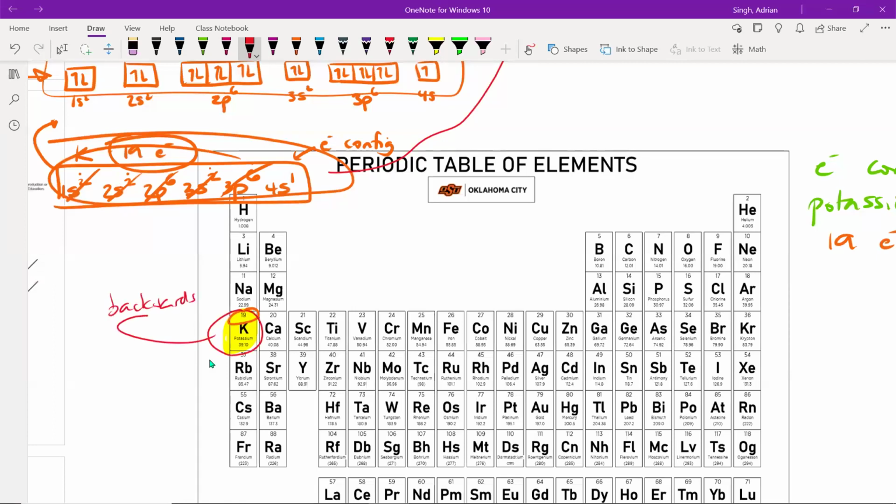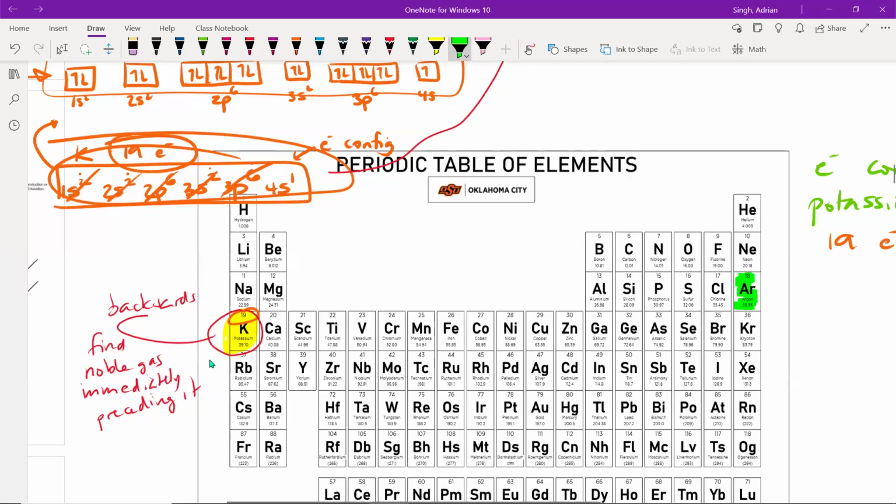Backwards means the lower atomic numbers, and I'm going to find the noble gas immediately preceding it. So what's the noble gas immediately before potassium? I have to go back to the previous row, and I end up with argon, Ar.